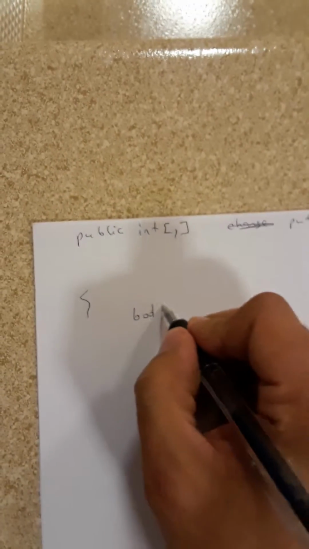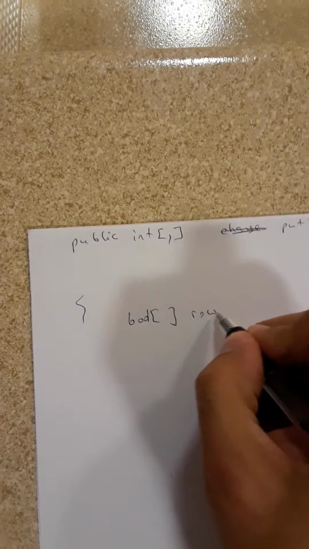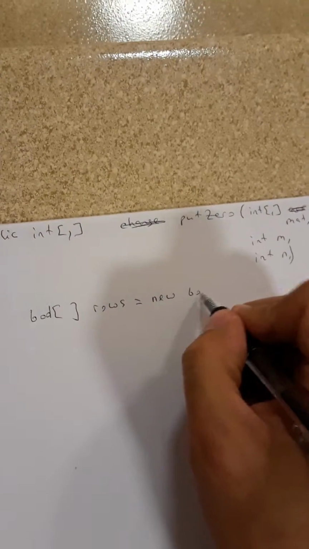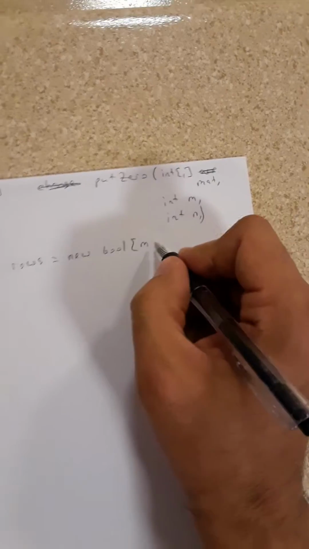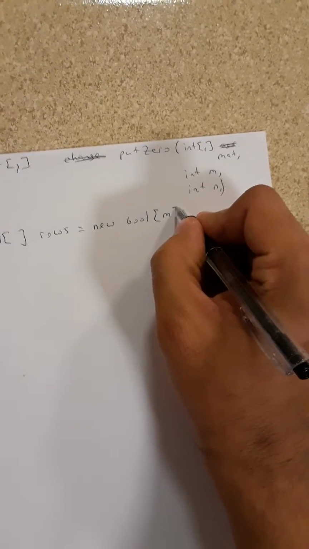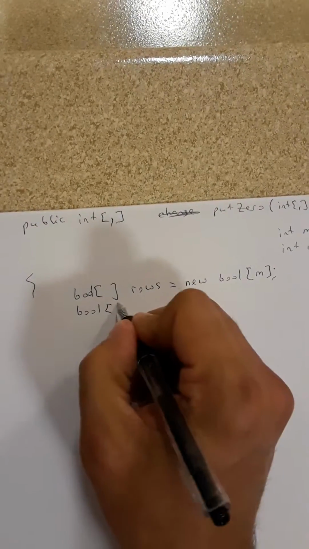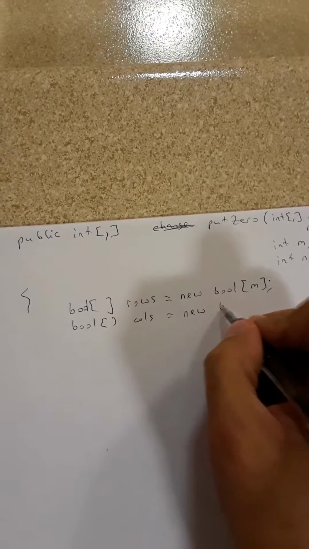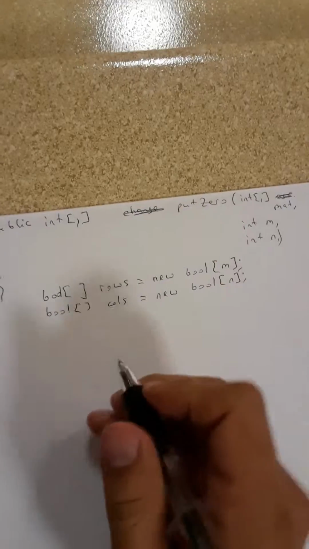In my function, I will declare two boolean arrays. One is for rows, equal to the number of rows in the matrix, and the second is for columns, with the size equal to the number of columns in the matrix.